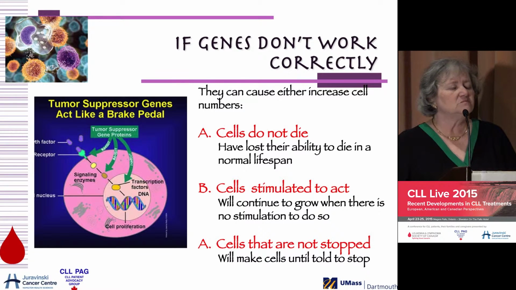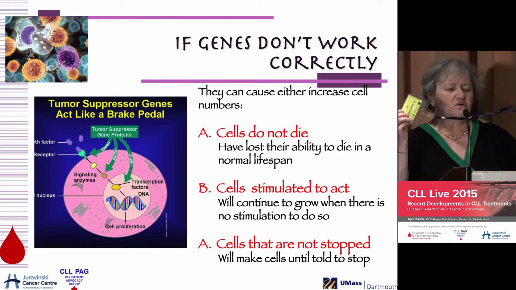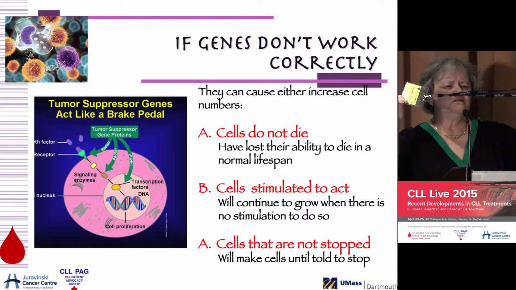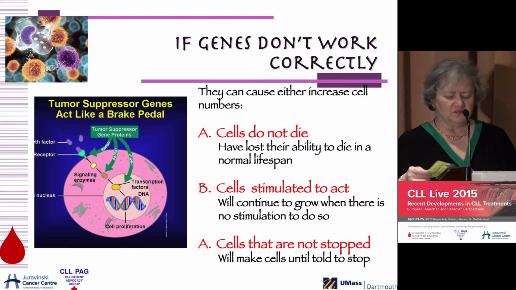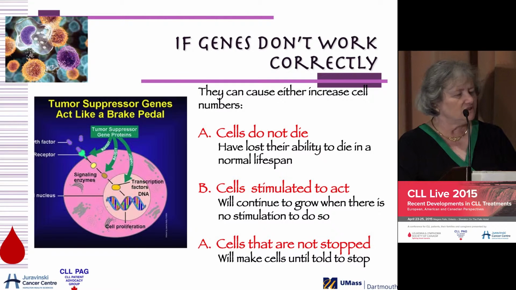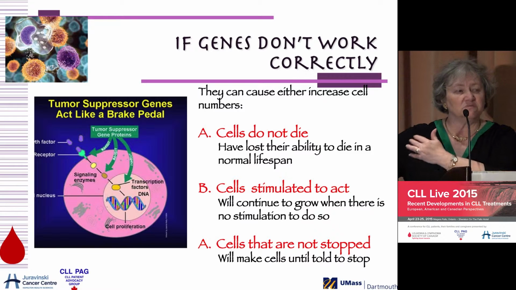But one of the items that occurs in your cell as it looks at and does quality control on your genes here is if it sees one that's abnormal, it can fix it. It can repair itself on its own. Or it can suppress the cell that's got the damage and somehow control the cell to the point where the cell dies rather than continue to live and proliferate.